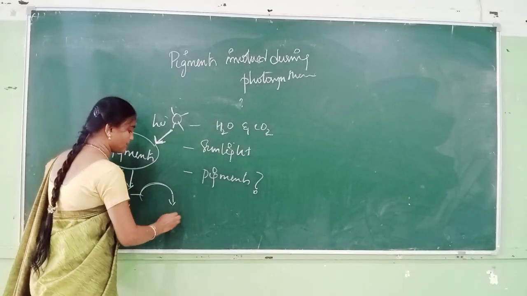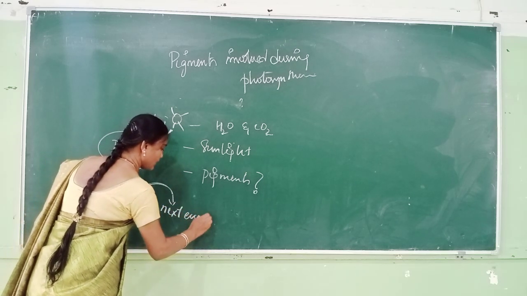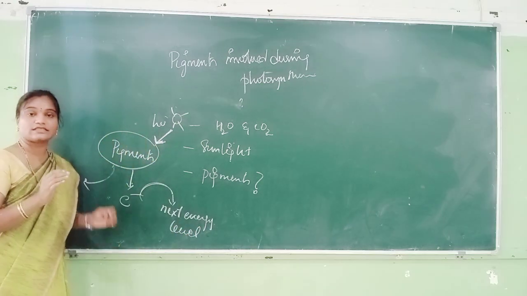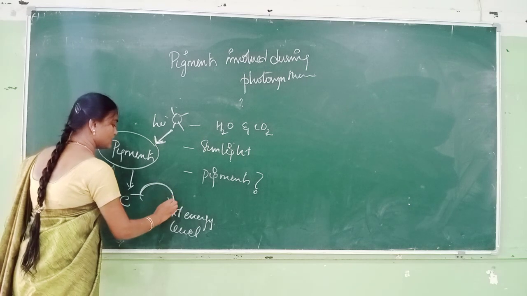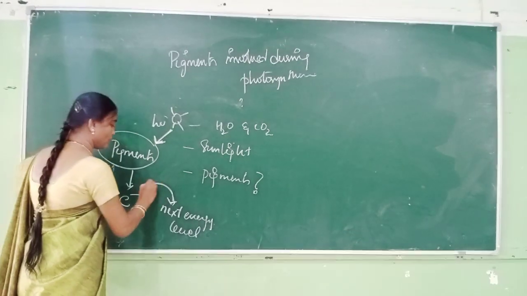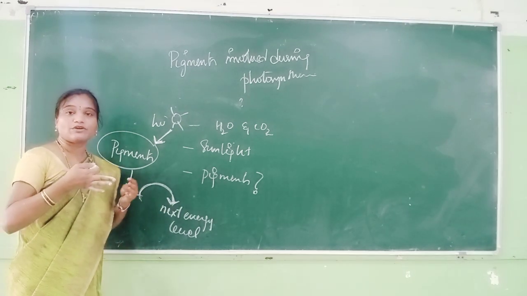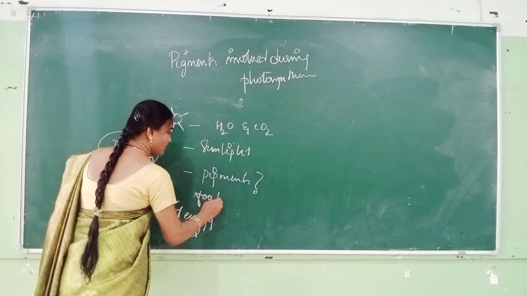So during this jumping of electrons to the next energy level, then what happens? There is a release of a certain amount of high energy. So during this process, there is a release of high energy. This release of high energy causes carbon dioxide to get reduced, and it will prepare food for your plants.